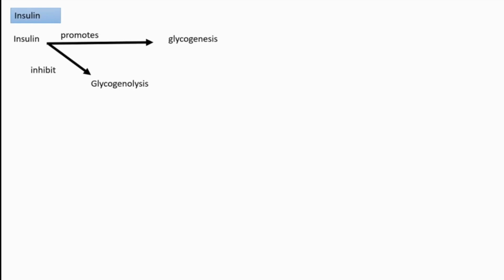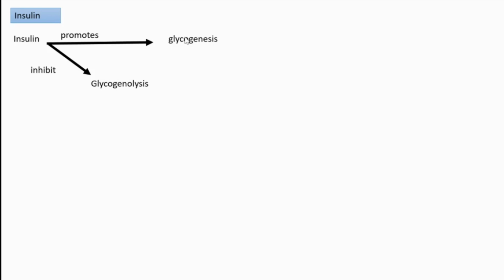Insulin is secreted when blood glucose level is high. Blood glucose level being high means we need to take that excess glucose and store it in the form of glycogen. That duty is prompted by the hormone insulin.